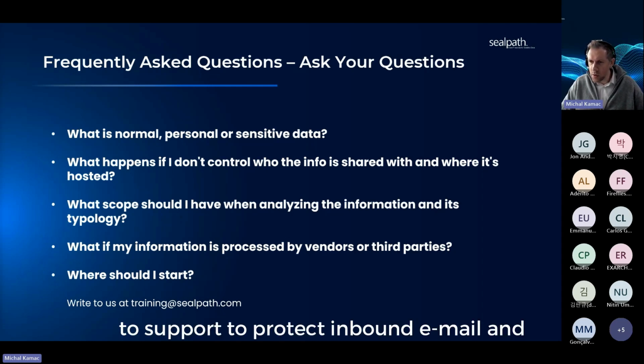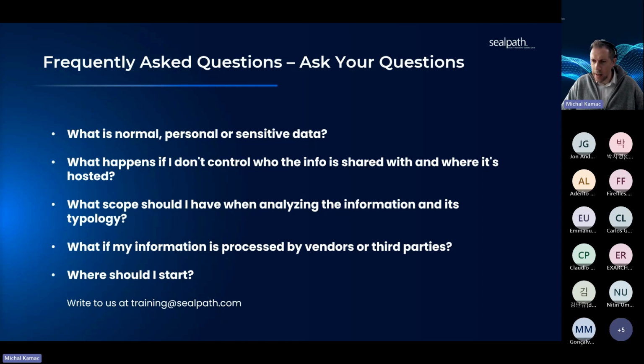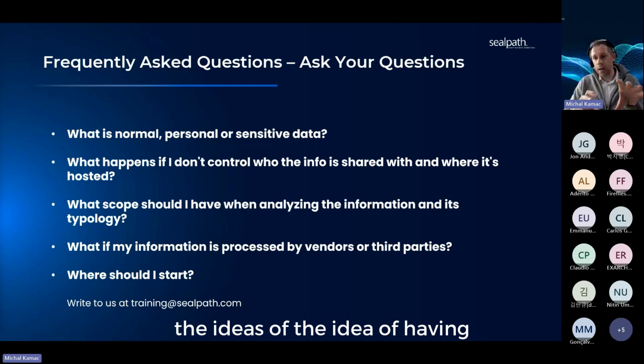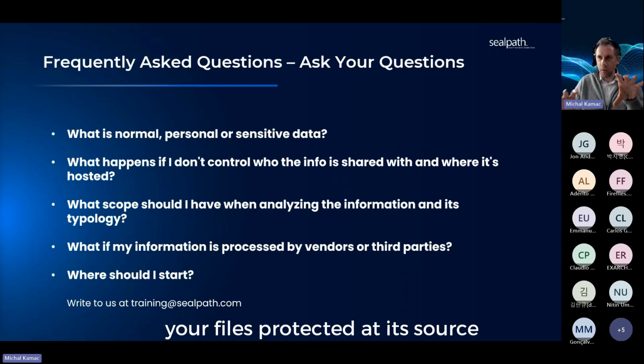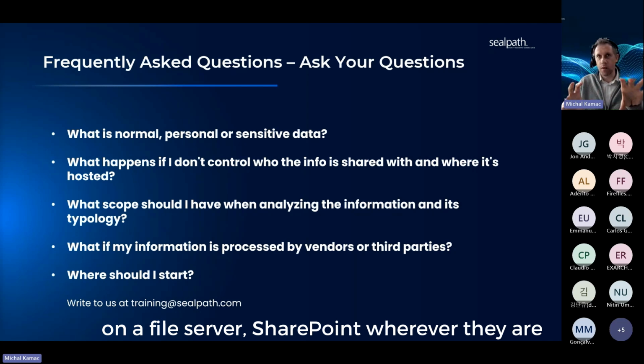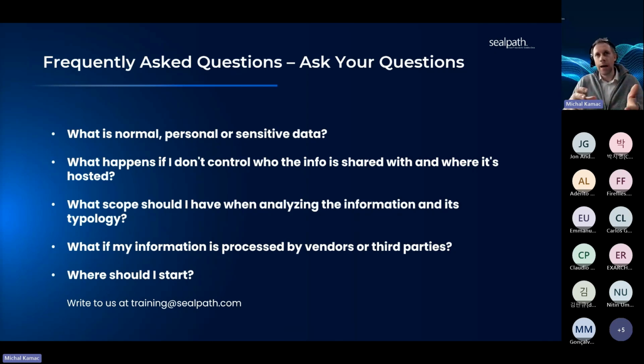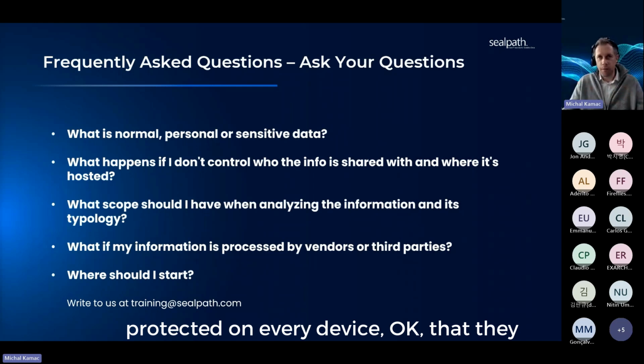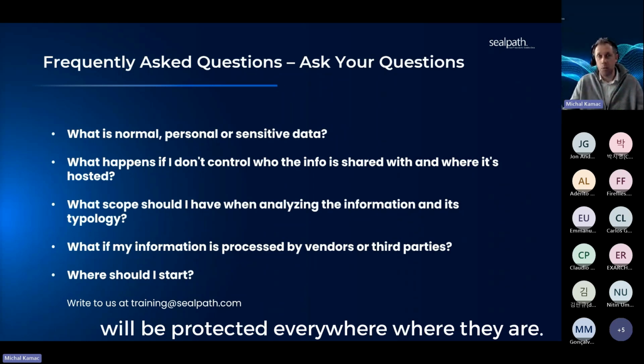Do you support to protect inbound email and end user device? Yes and no. So yeah, the idea of having your files protected at its source on a file server, SharePoint, wherever they are created, would make them protected on every device, okay, that they will be protected everywhere where they are.